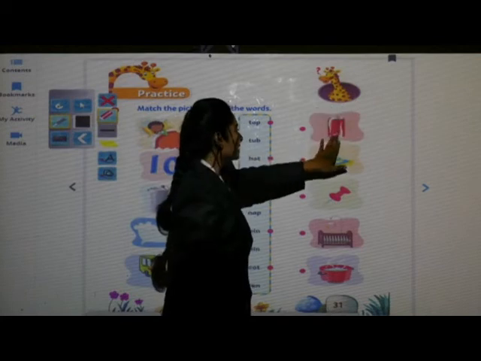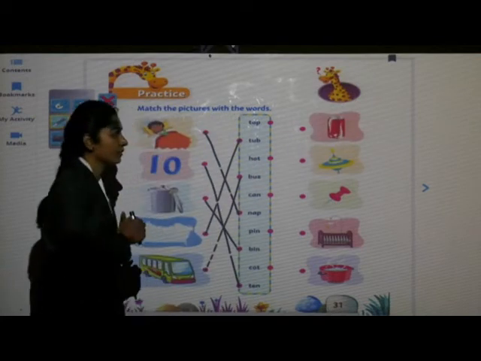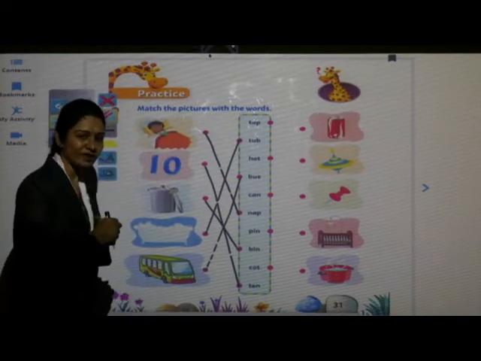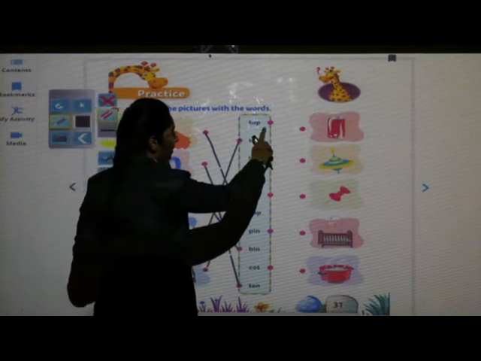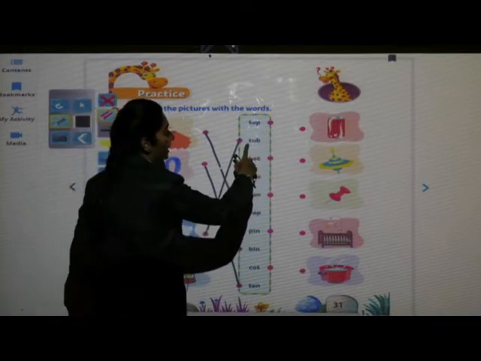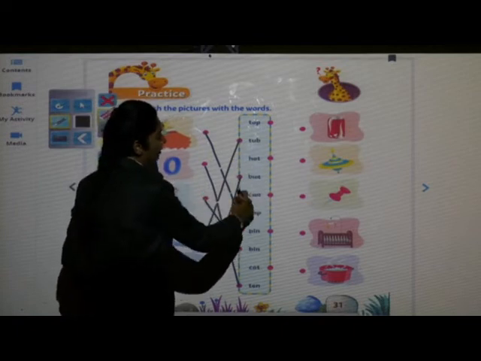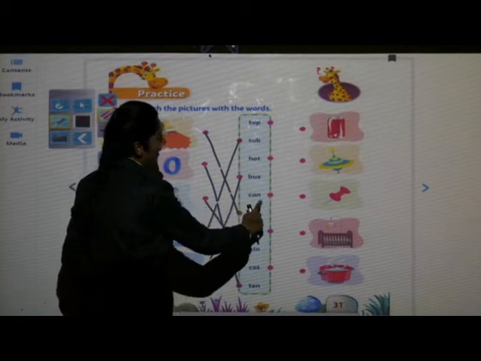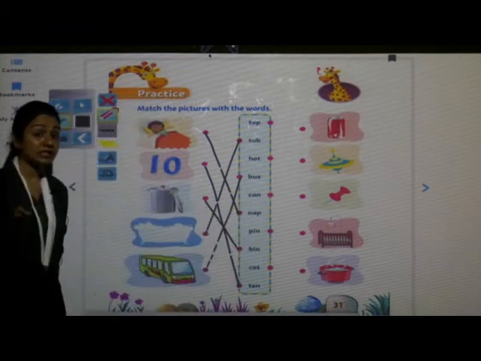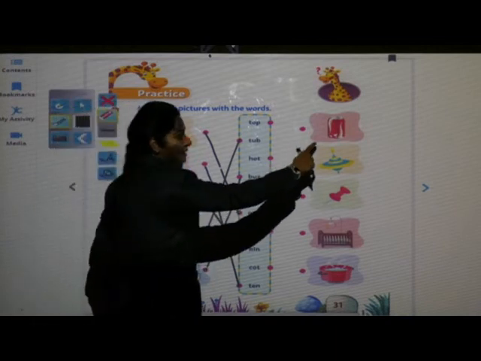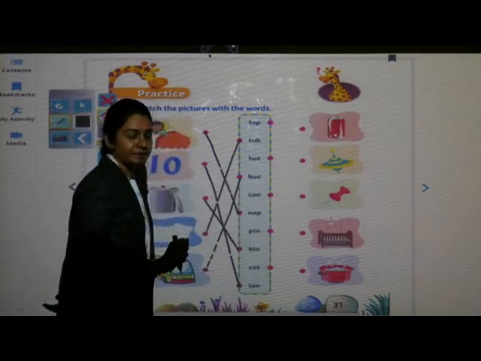We'll go that side. Come on, tell me which picture is this? Yes, tin. We'll find the spelling. T-O-P top, T-U-B tub, H-O-T hot, B-U-S bus, C-A-N can. Sorry. Children, sorry. See, this is a can. This is not tin. Okay.